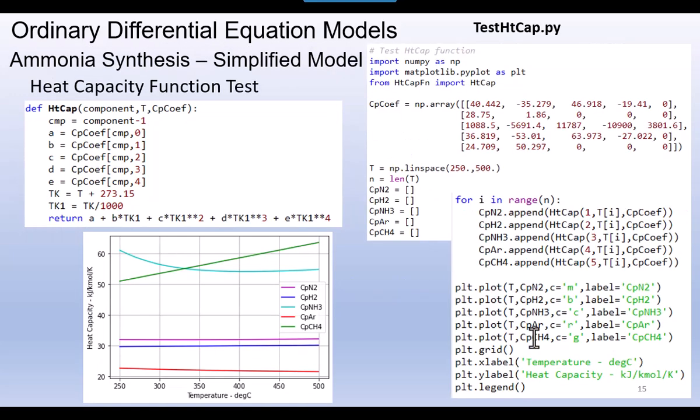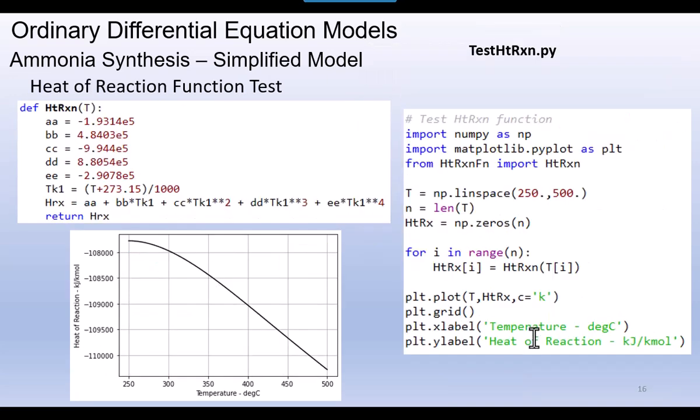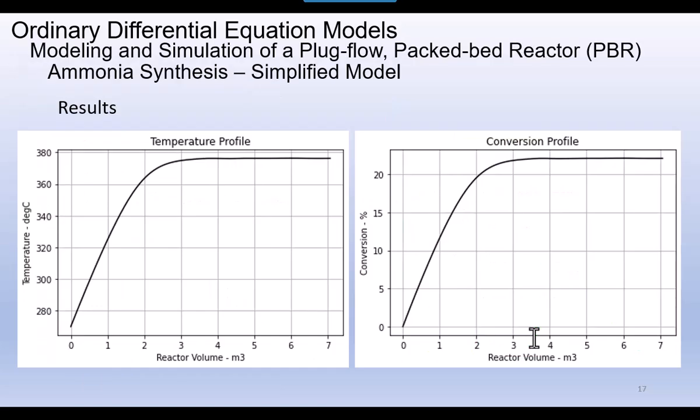And this was the slide for the heat capacity function test that we went over with you. This is the one for the heat of reaction function test. And then these are the temperature and the conversion profiles from running the model.